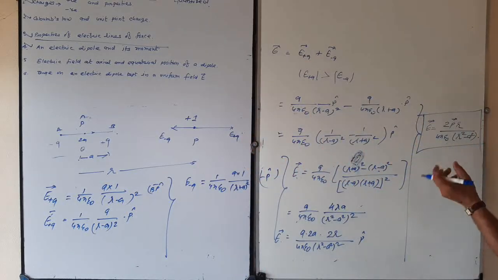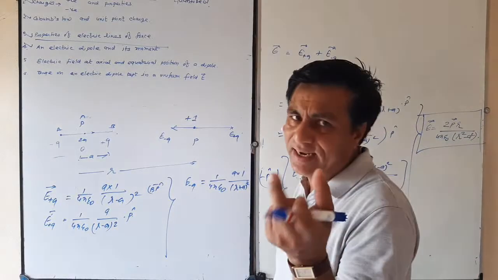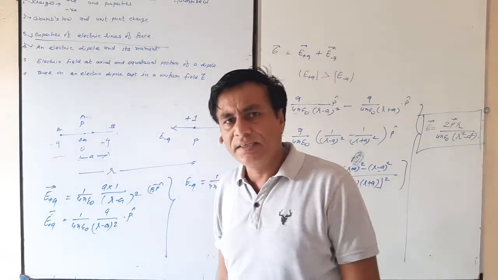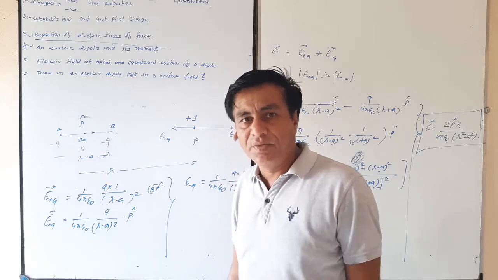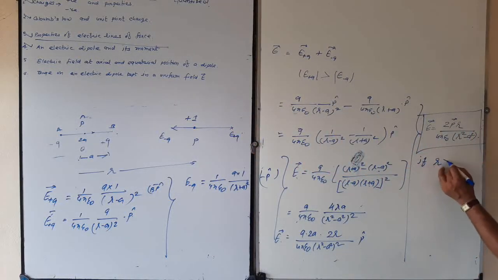Now, if the length of the dipole is very small in comparison to the distance of point P from the center of the dipole, means if R is much greater than A, in that case R square minus A square can be taken as approximately equal to R square.